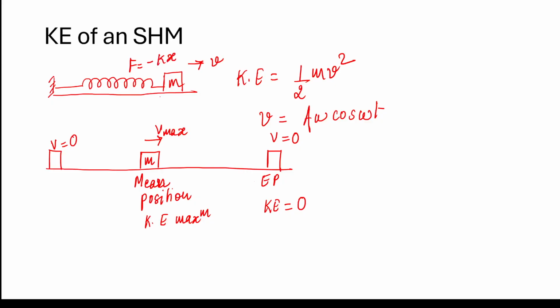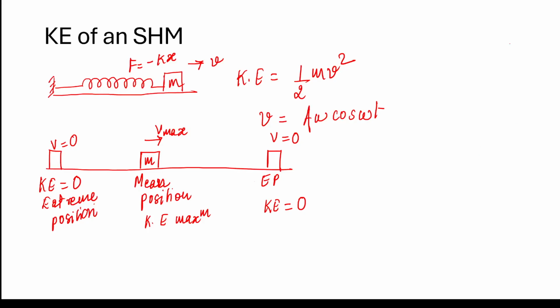So the only force acting on this m is a restoring force, which tries to restore it back to the original position. That means the total energy of this system should remain conserved. And where is this kinetic energy then going? That kinetic energy would be transformed into the potential energy of the system.